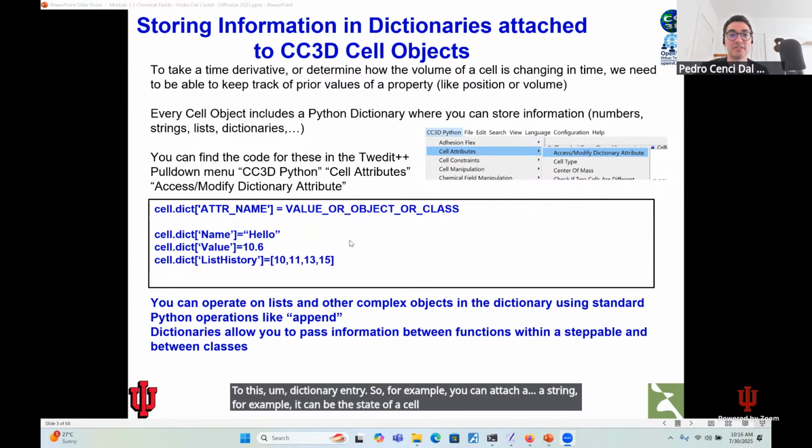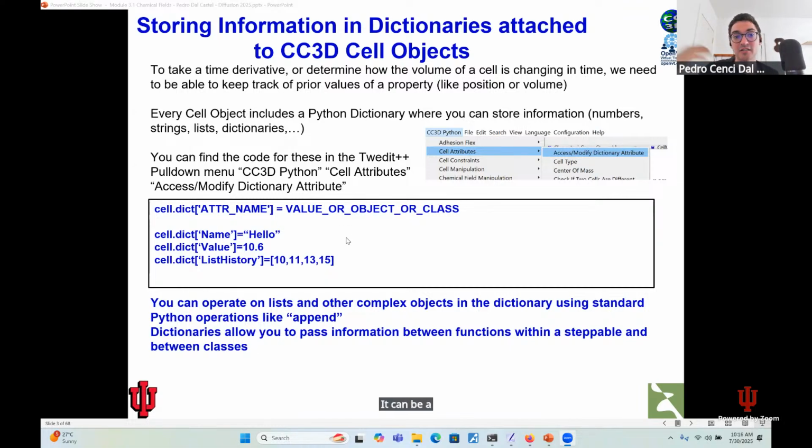Let's say the cell is in state apoptotic. Then you can write apoptotic and attach that to one of the dictionary entries of the cell. It can be a value, a scalar, a float, an int, anything like that, an imaginary number, whatever.